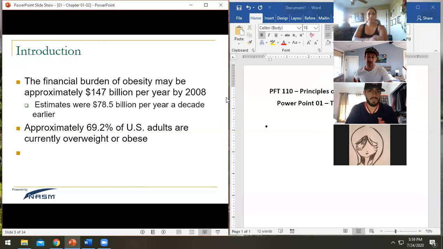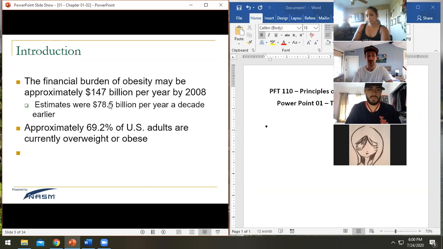Companies have to spend money paying another employee overtime to pick up the slack while so-and-so is off sick. That ends up costing the company money, which raises the price of goods and services, and then we all kind of pay for it. It's an interesting topic to bring up actually. We're seeing estimates around $78.5 billion per year just in 1998.